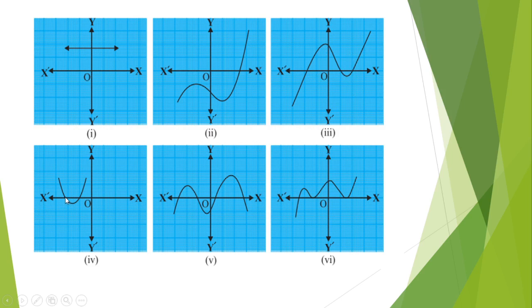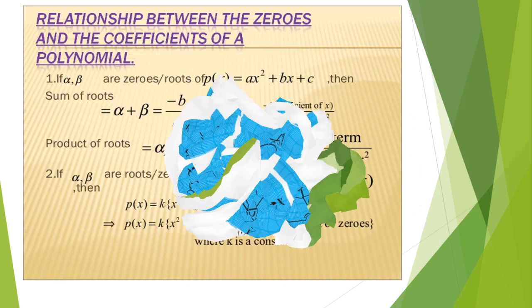And in the fourth one, the curve touches at 2 points, it has two solutions. This one touches at 1, 2, 3, 4 points, it has 4 solutions. The line, graph or curve which touches the x-axis at that many points has that many solutions. So each and every graph is purely based on the degree of the polynomial. Degree of the polynomial is nothing but the order of the polynomial, right?